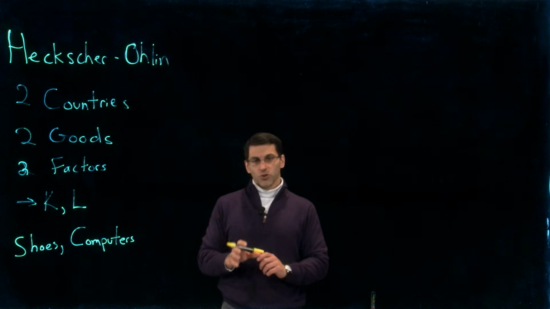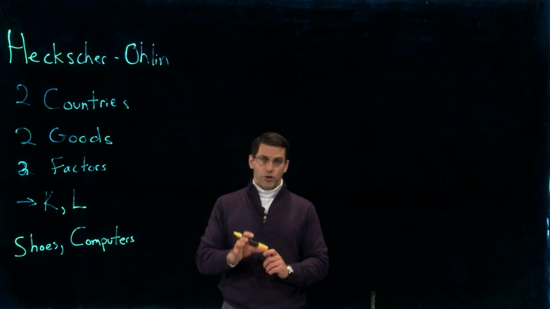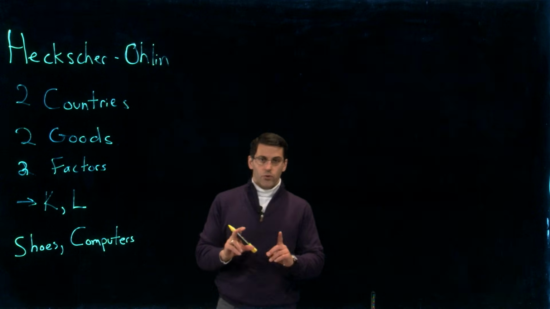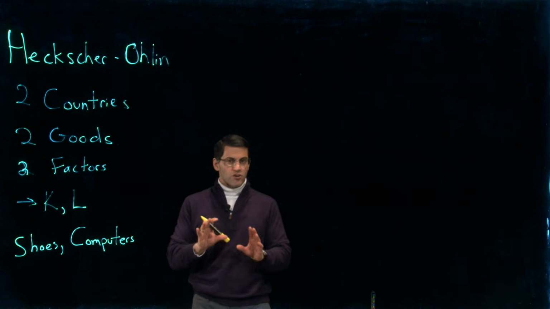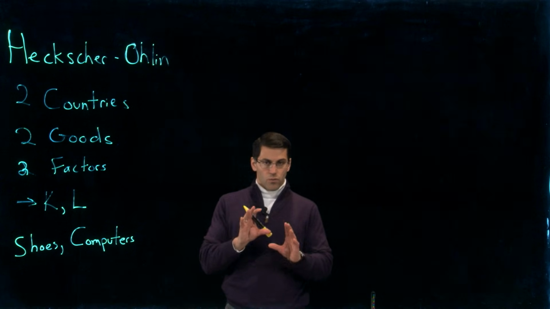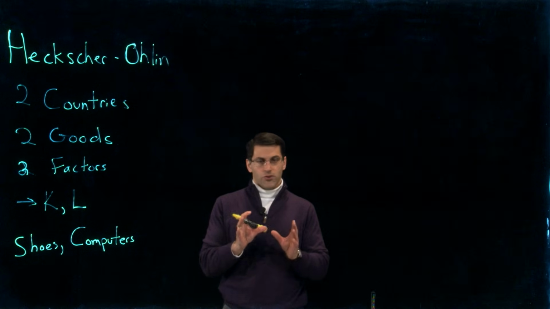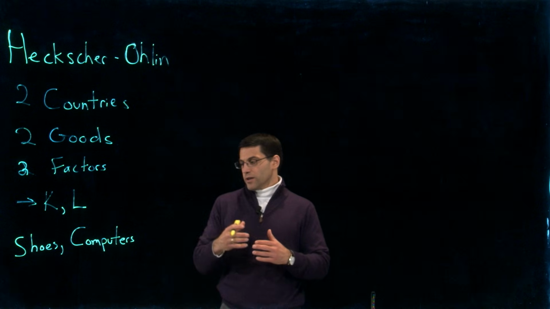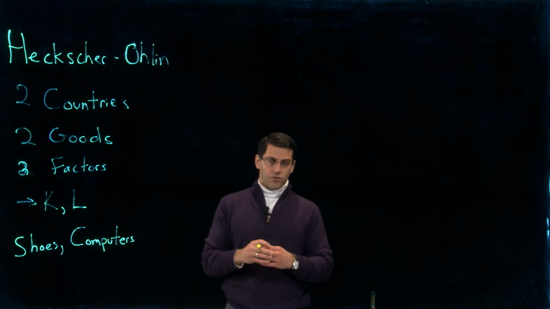So we're going to assume that computer production is capital intensive. Okay? And this notion of factor intensity is at the core of understanding the Heckscher-Ohlin model. So what do we mean by computer production being capital intensive?